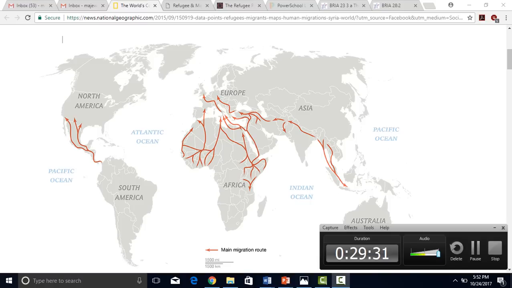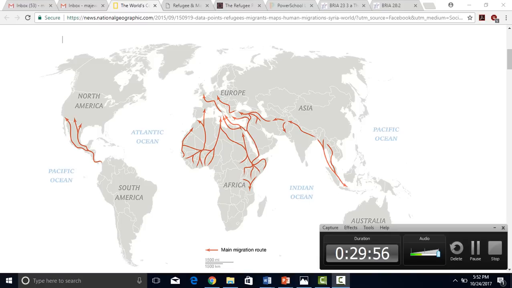Now, please remember, these are normally voluntary migration routes, but in recent times, because of the crisis in Syria, because of some of the crises in Sudan, because of some of these other refugee crises, a lot of forced migrants have moved into North Africa, the Middle East, and Europe as well, fleeing or escaping persecution in their home countries.